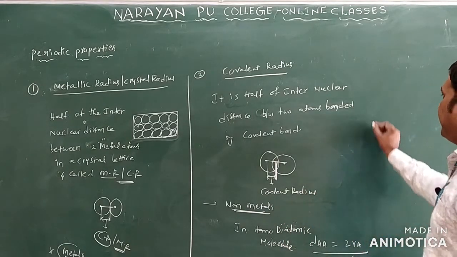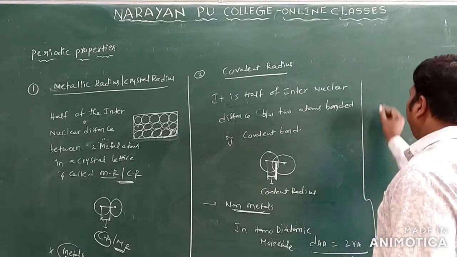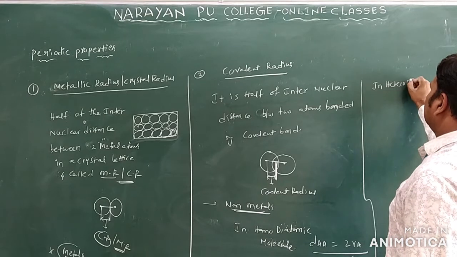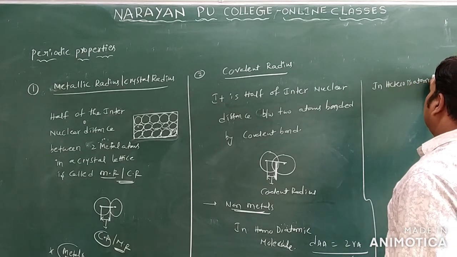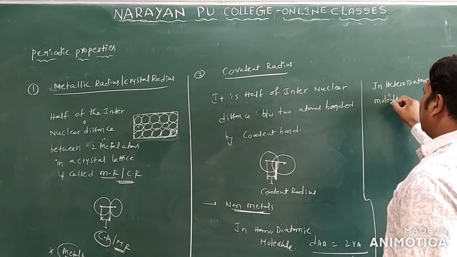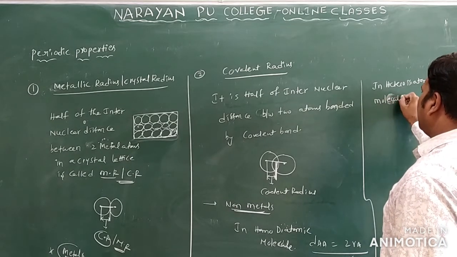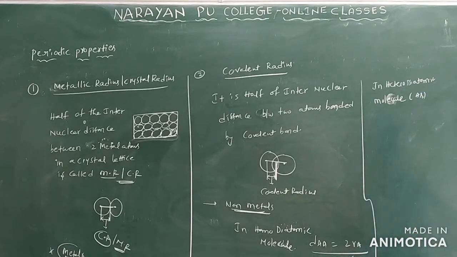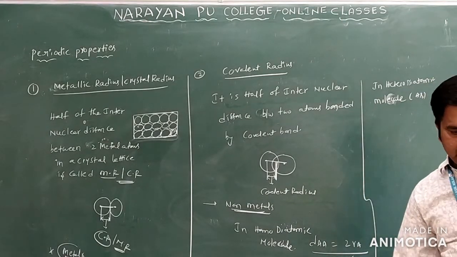In a heterodiatomic molecule, suppose I am writing here AB. In this case we can find the covalent radius.